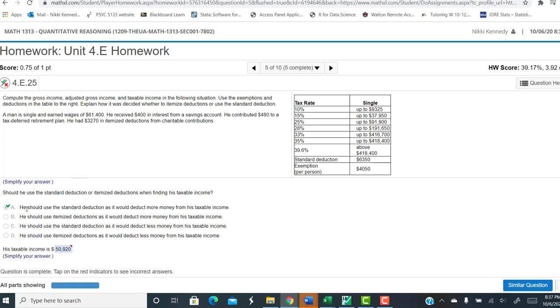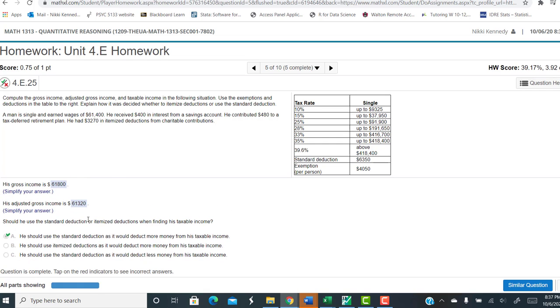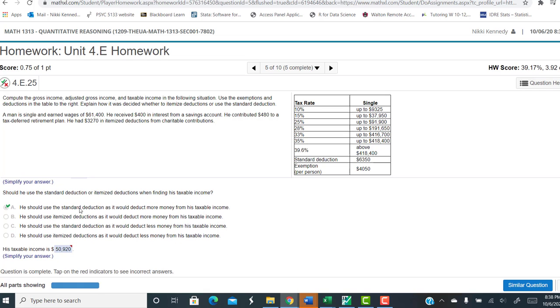So I chose the option he should use the standard deduction, as it would deduct more money from his taxable income. What I was looking at there is I was comparing the $6,350 to the $3,270 that he had from itemized deductions. So you want to compare those two because the standard deduction is greater. That's why I chose that.